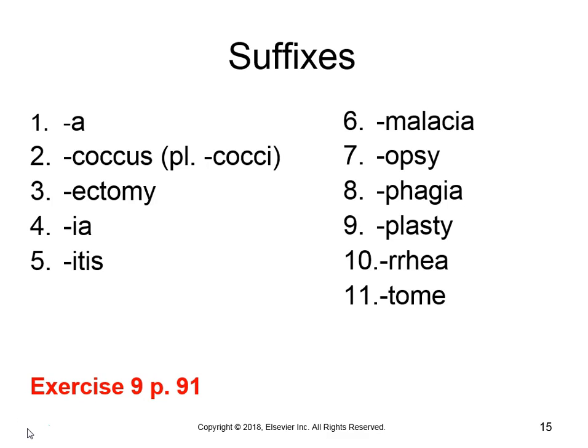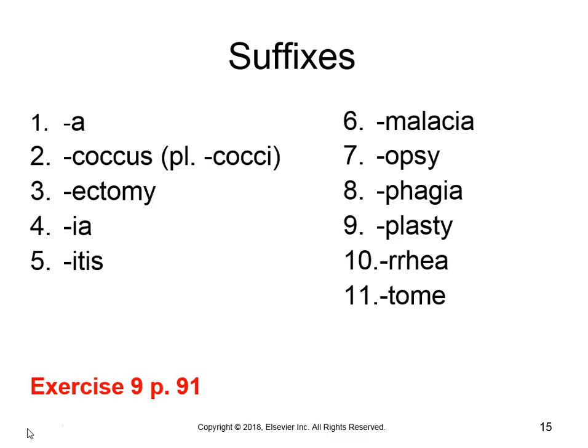Plasty means a surgical repair. So we're going to see that when we get to those surgical terms. This is really that first chapter where we're going through all the different types of terms. Rhea, always think of diarrhea first, but rhea means a flow or discharge. Please note that there are 2 R's, R-R-H-E-A, and in this context, think of flow or discharge of sweat or oil.